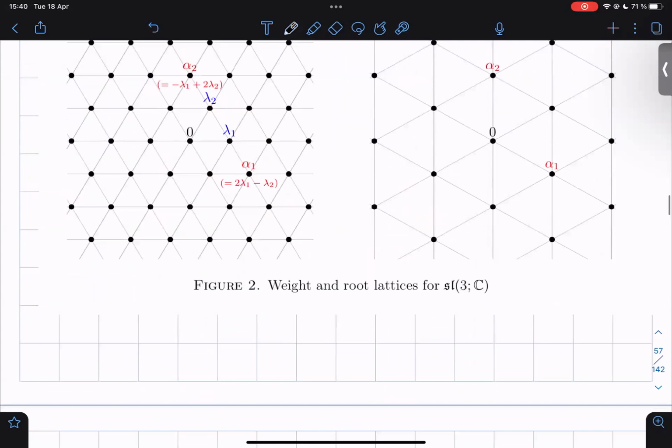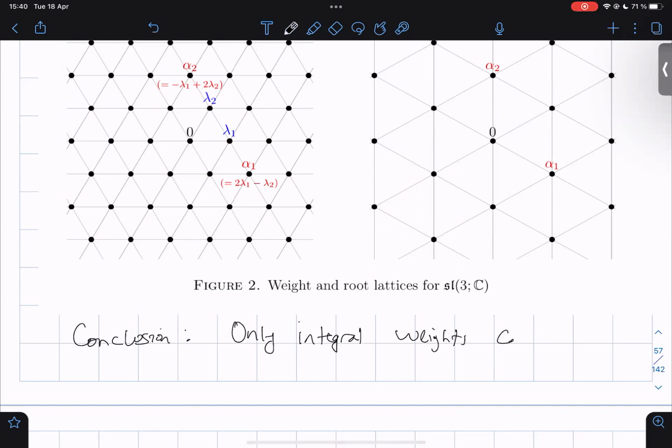But the important conclusion from the discussion above is that only integral weights can occur. Only these weights lying on the weight lattice can possibly occur in any representation of SL3.